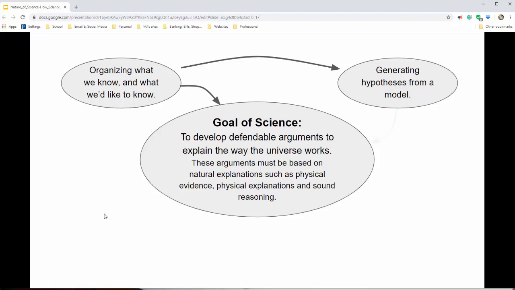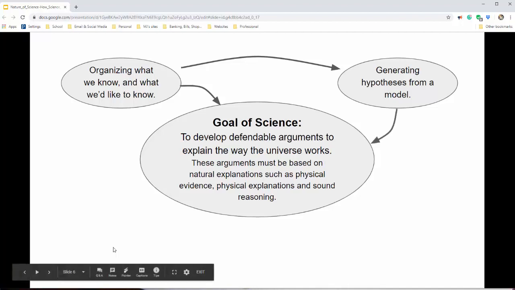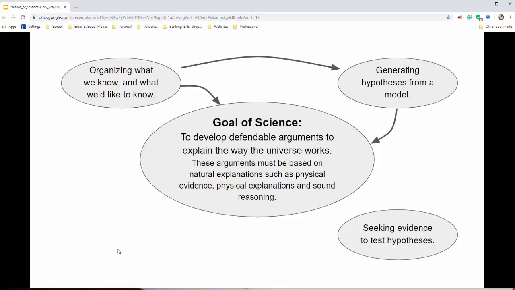And both of these go to the goal of science, which is developing those defendable arguments. From the hypothesis, which includes a model, which is built on what we know and what we want to know, we're going to seek evidence. Now, that might be experimentation, or as I said, it might be going out in the field and gathering information in the field. Okay?